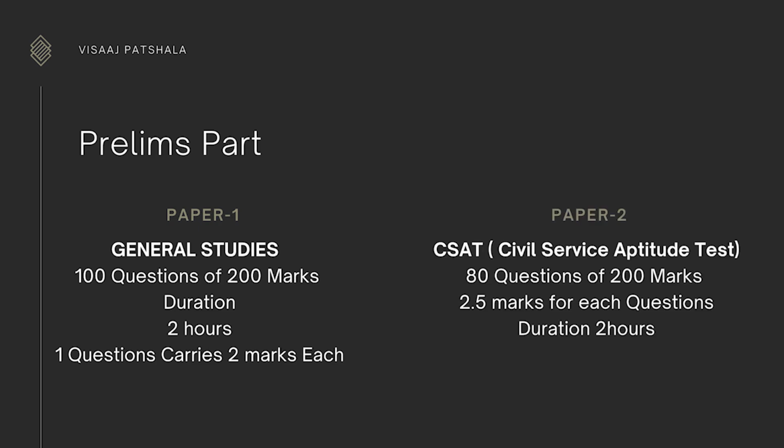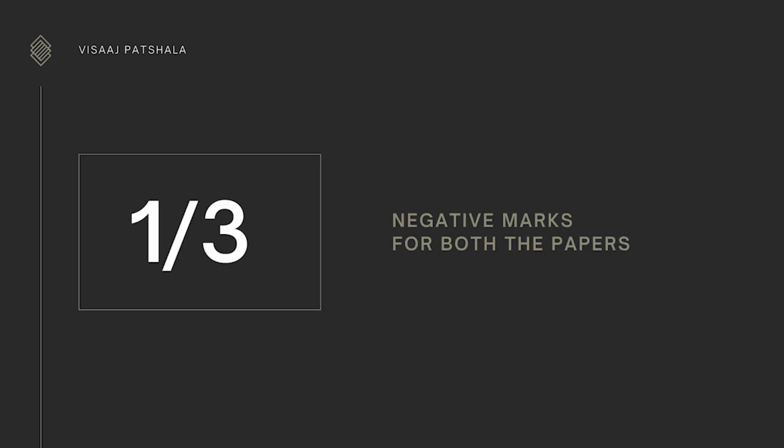Paper 2 is CSAT, the Civil Service Aptitude Test, which consists of 80 questions of 200 marks, that is 2.5 marks for each question. Both papers have negative marking for wrong answers, to the tune of 1/3 of the marks assigned to that question.